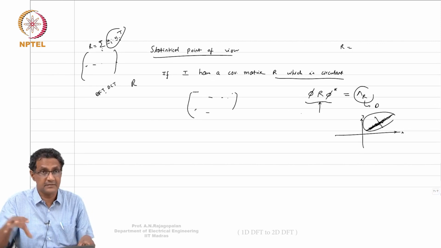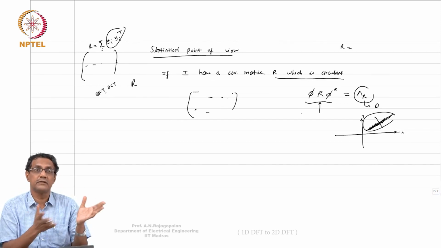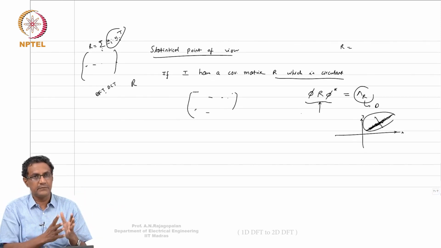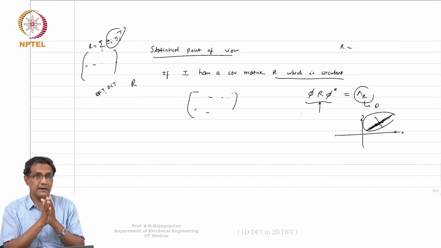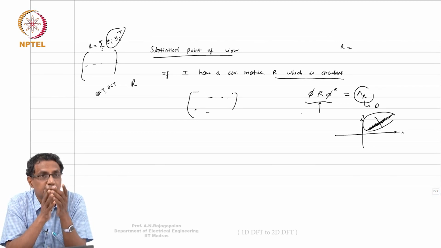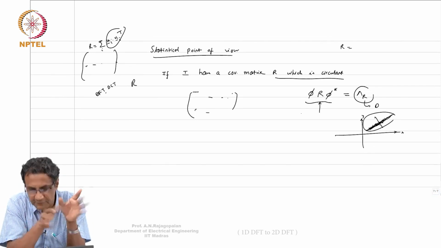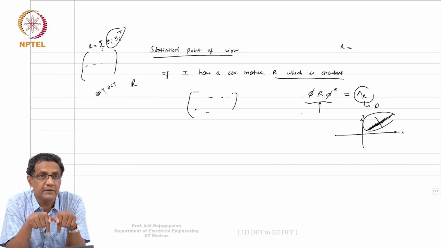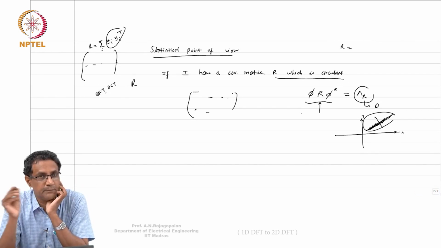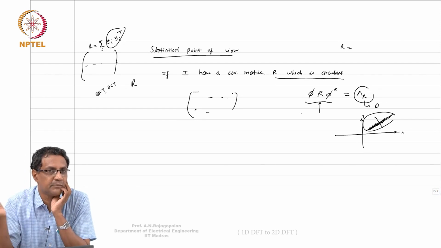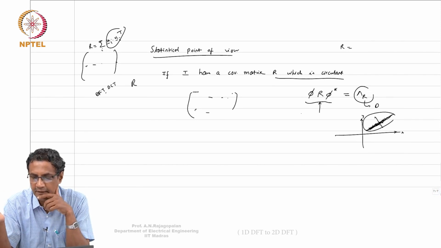So in that sense this is now the optimal transform, even though it is data independent, because this phi basis is coming from nowhere, we have already fixed it. But if R turns out to be circulant, then the best transform you can use to decorrelate data is in fact a DFT, and DFT is in fact the KLT. So that is the bridge between data independent and data dependent transforms.